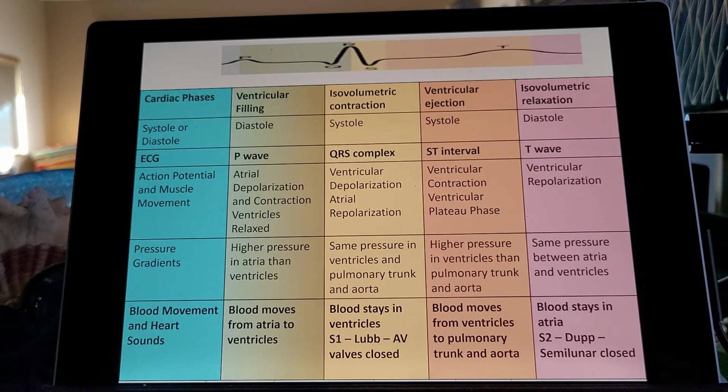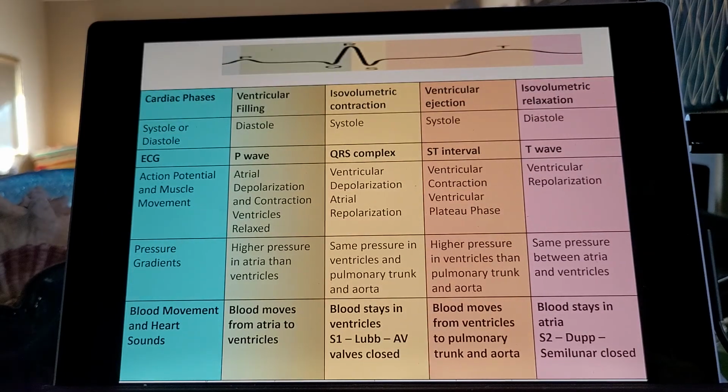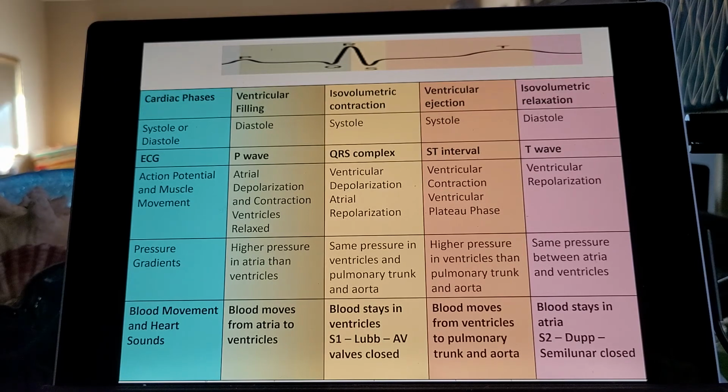What's happening with the muscles, your muscle contraction? What's happening with your pressure gradient? How is that affecting blood movements and your heart sound? So all of that all in one table. And that's why I connected it to the ECG section. So yeah, a little longer video, but necessary.